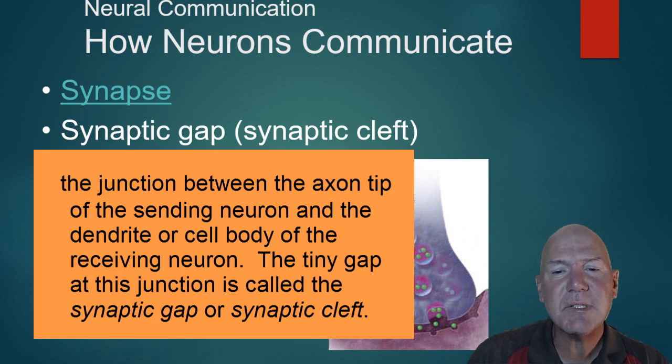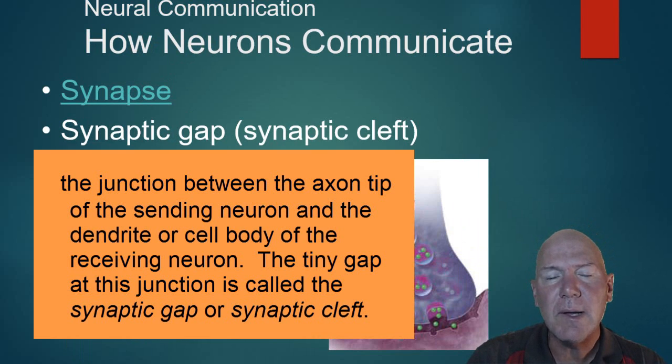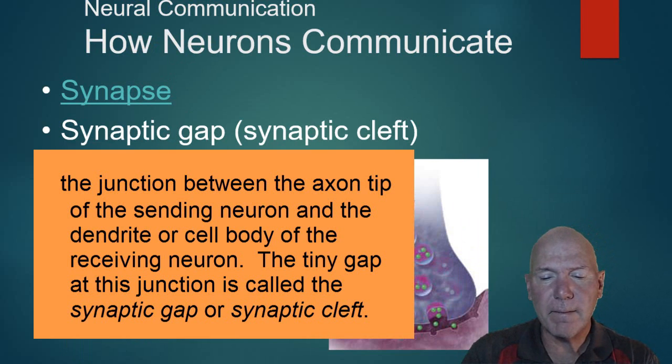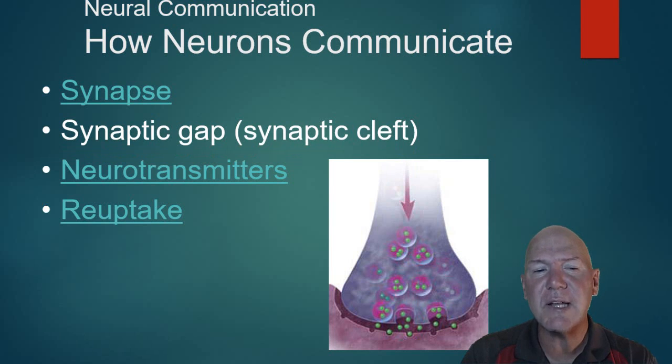So the synapse, this is at the end of the neuron, at the end terminals, at the very end. There's a little gap between it and the receiving dendrites of the next neuron. That gap is called a synapse, or a synaptic gap, or a synaptic cleft. It means all the same thing. It's that little gap, and there's fluid flowing in there.